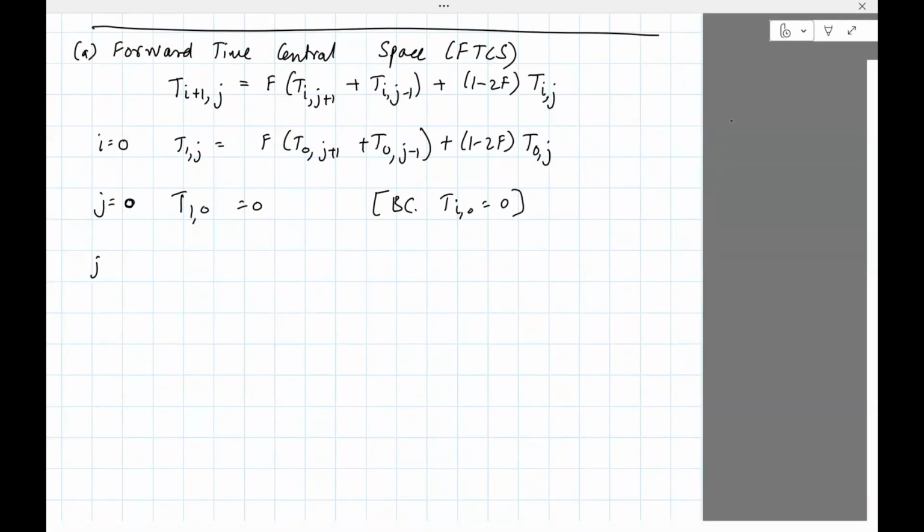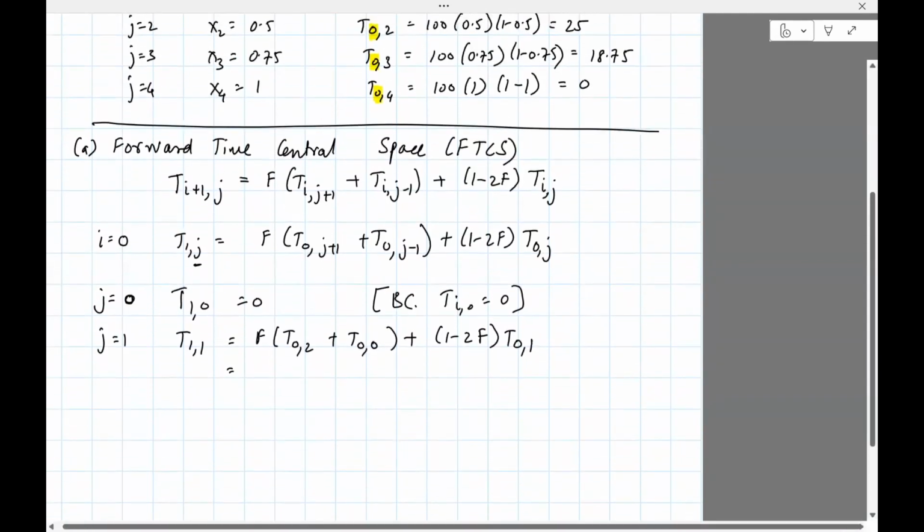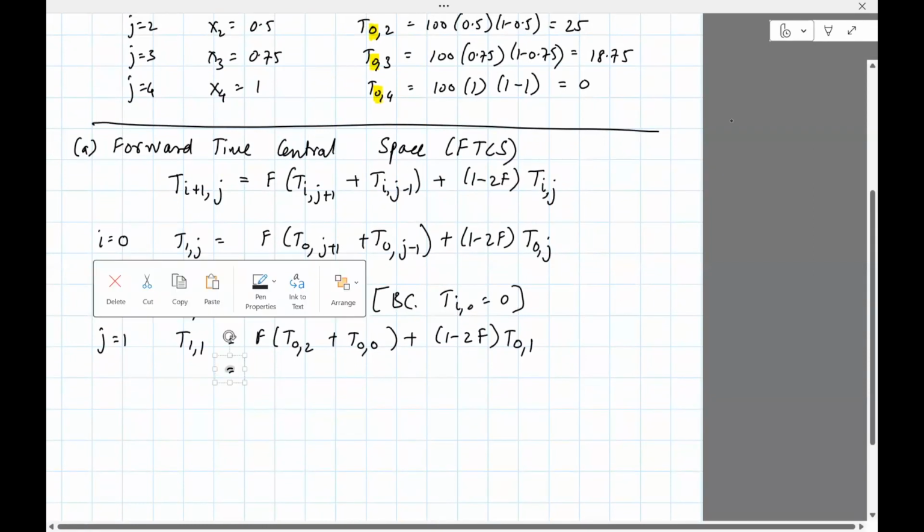Now, when you put j equals 1, we have T1,1, that's in this formula. We have F times T0,2 plus T0,0 plus 1 minus 2F times T0,1. Okay, now what we need to do is we actually do know the values of all these.